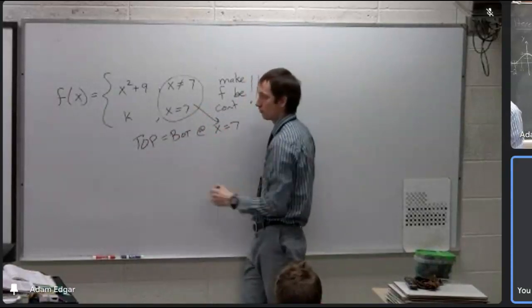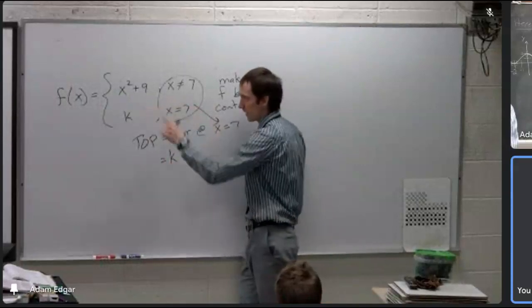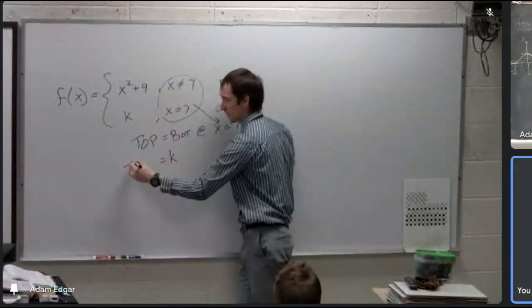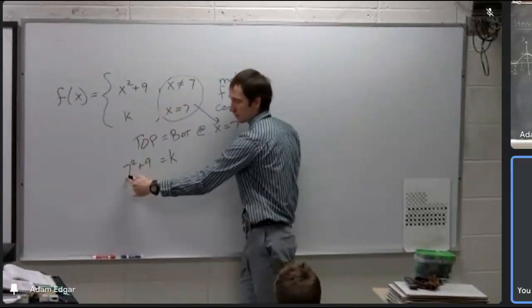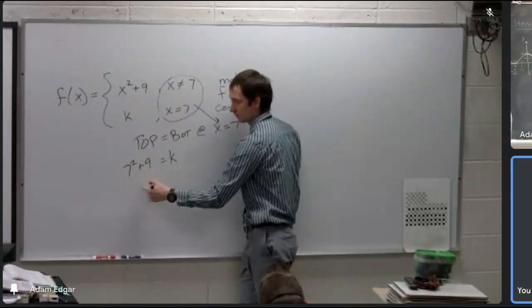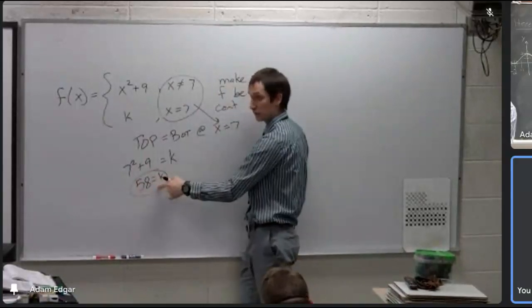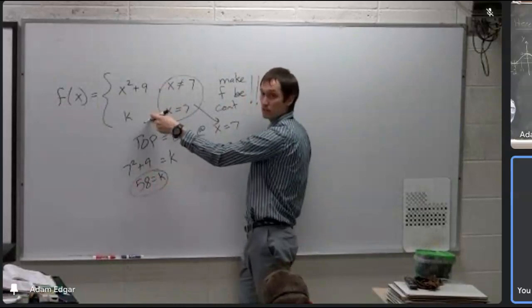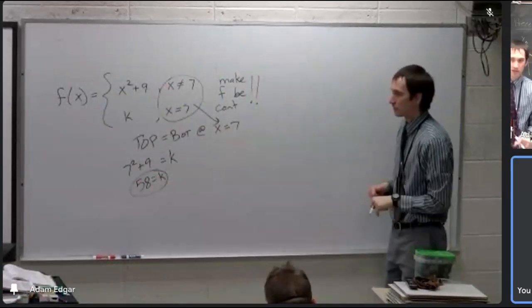Bottom is k. Top is x squared plus 9, in this case 7 squared plus 9. What's 7 squared? 49, plus 9. K has to be 58. If k is 58, these two pieces connect. We're continuous. Ta-da! That's the sort of thing you're doing with that.